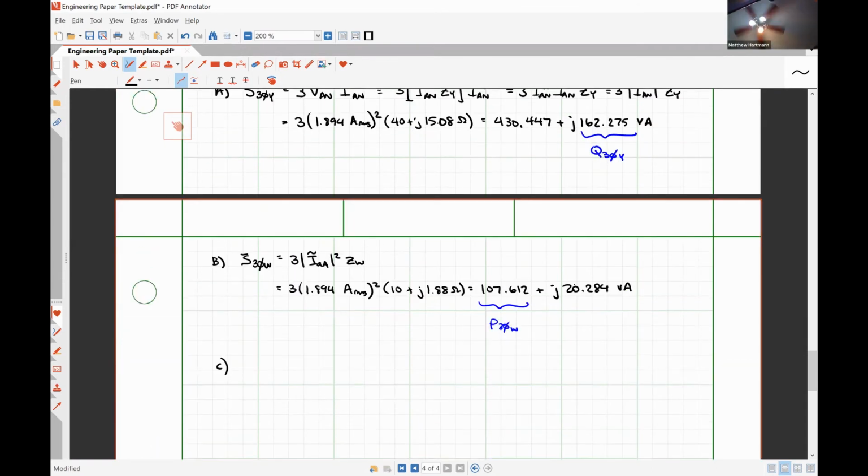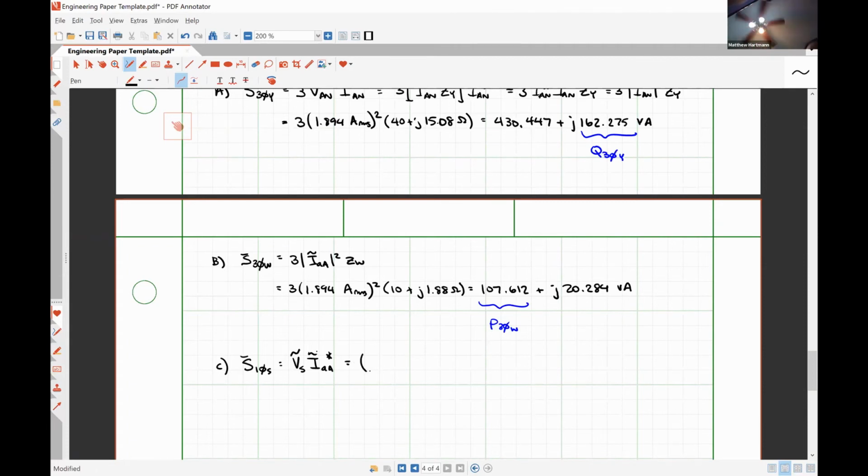So S, and I'm going to do one phase, because we only have the information provided in our A phase equivalent circuit for the source. So that S is the voltage drop over the source as an RMS phasor multiplied by the current flowing through the source, which we know to be our line current, IAA conjugate.